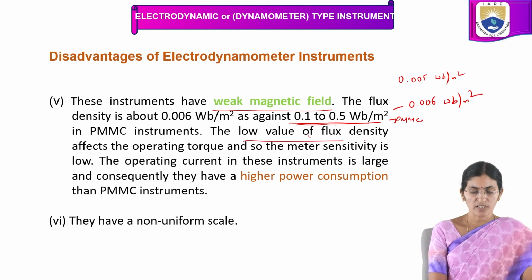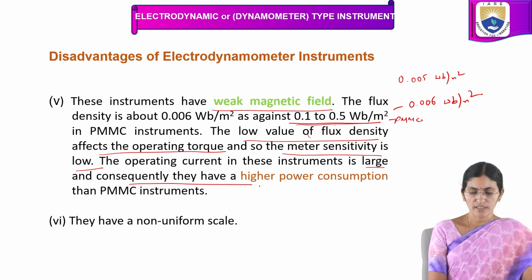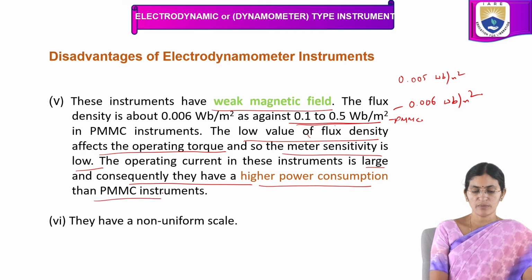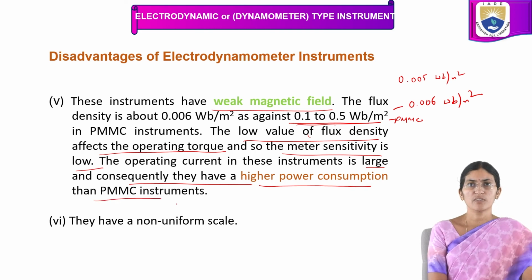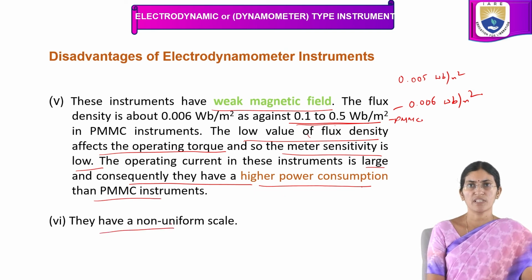This low value of flux density affects the operating torque, and therefore the meter sensitivity is very low. The operating current is large here, and therefore they have higher power consumption than PMMC instruments. So this is one of the disadvantages. Power consumption is very high, and apart from this, they have a non-uniform scale.